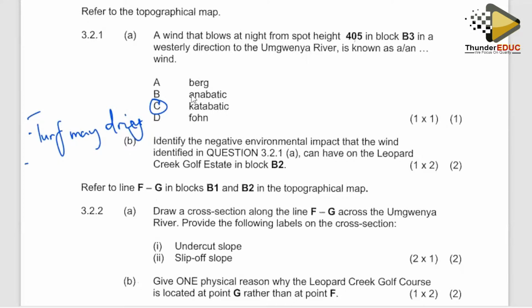the extremely cold conditions. Or it can cause ground stress for the grass in the golf course. The grass might be stressed and get stunted, might not grow because of the excessive cold conditions.